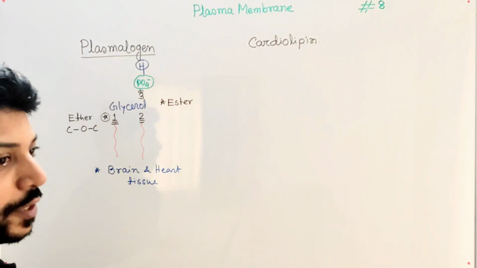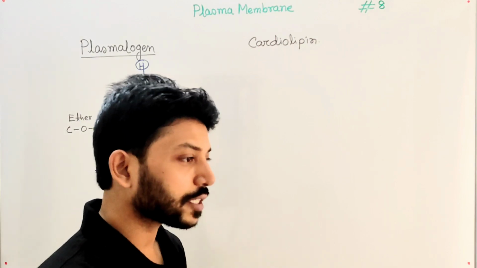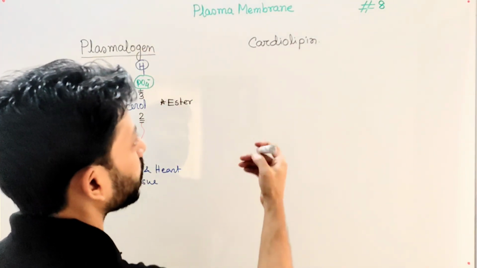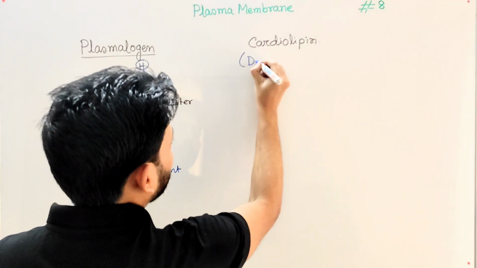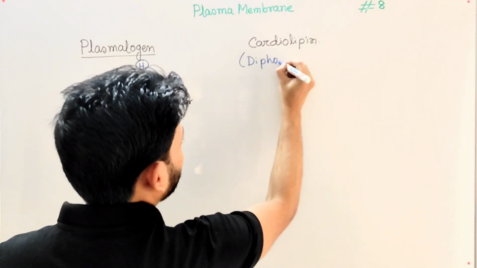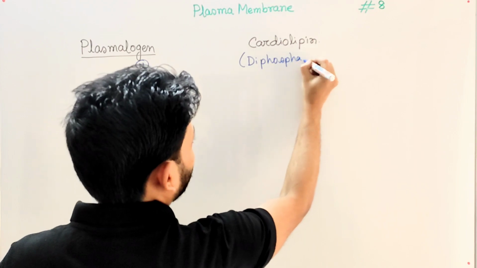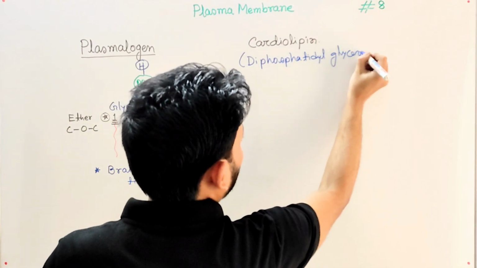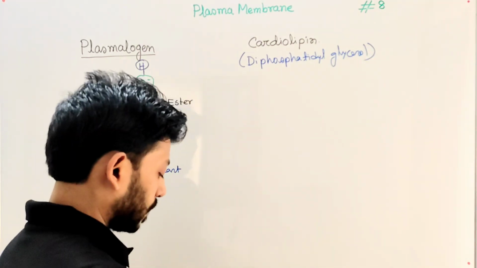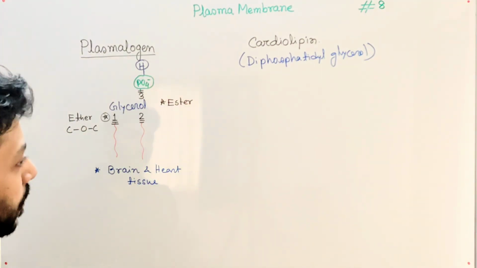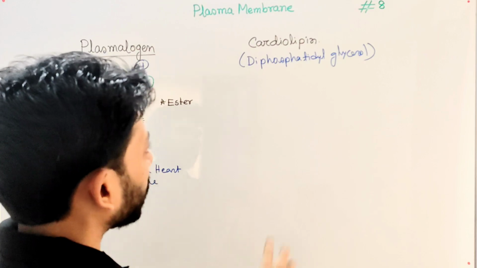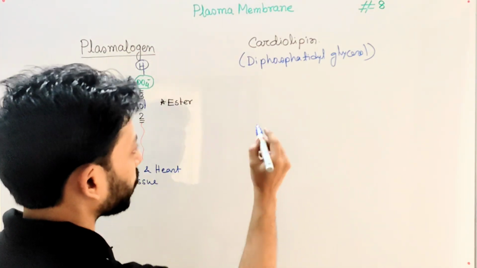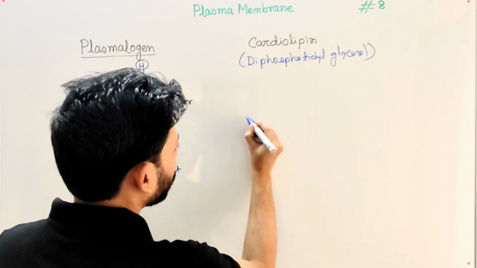Now, how does cardiolipin look? At first I want to mention that the chemical name or nomenclature of cardiolipin is diphosphatidylglycerol. Now I mentioned in my phosphoglycerides video that phosphatidylglycerol is one kind of phosphoglyceride. How does it look? Let me draw. So phosphatidylglycerol looks like this.